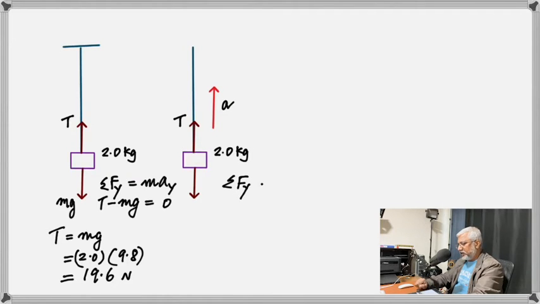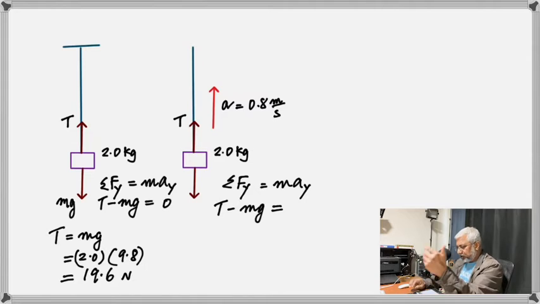The net force along the y-axis is m a sub y. Once again, the net force along the y-axis is T minus mg, but it's not equal to 0. Instead, it's m times a_y. So let's assume that the acceleration is 0.8 meter per second squared. Again, that will be given, so I'm just making it up as we go.